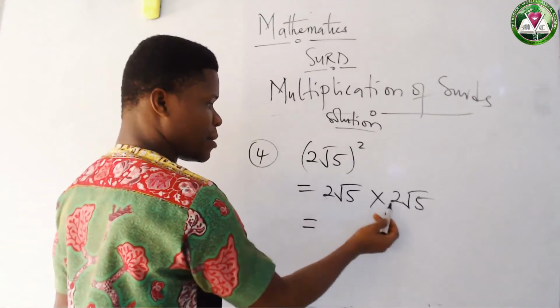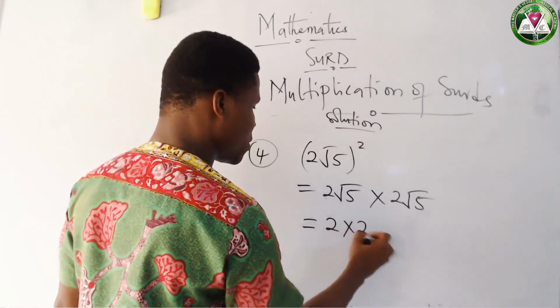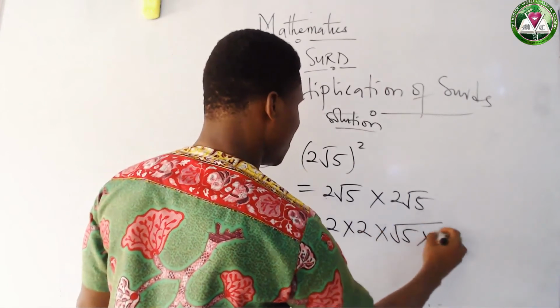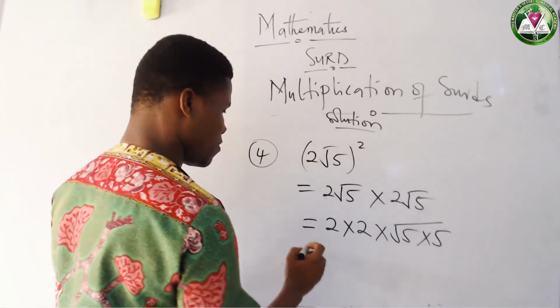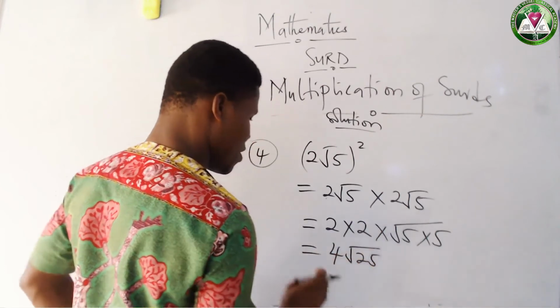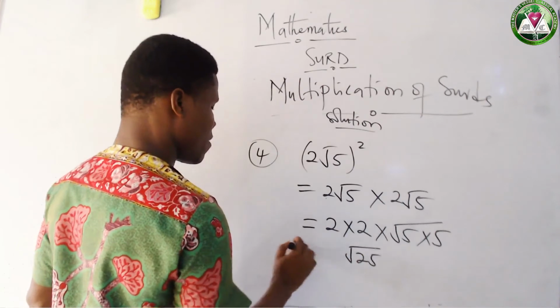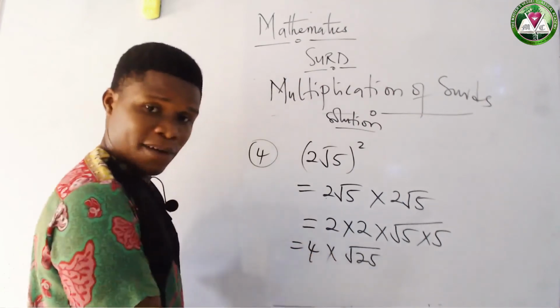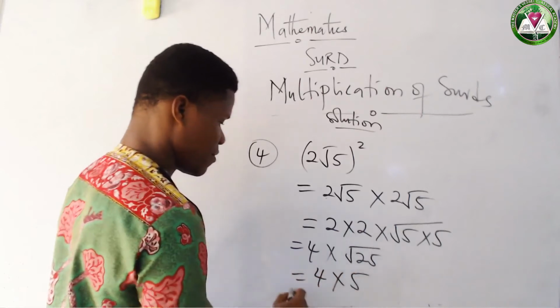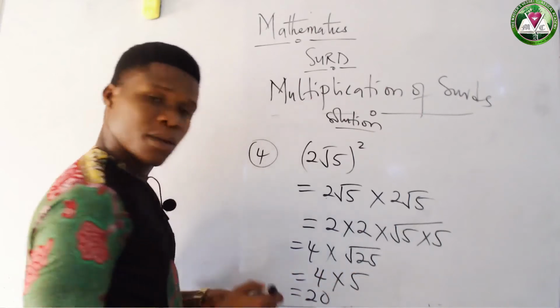Collect the whole number with the whole number. This is 2 times 2 times root of 5 times 5. This will give us 4 root 25, or you can say 4 times root 25, which will give us 4 times 5, which is 20.